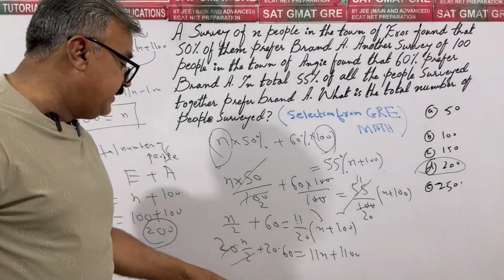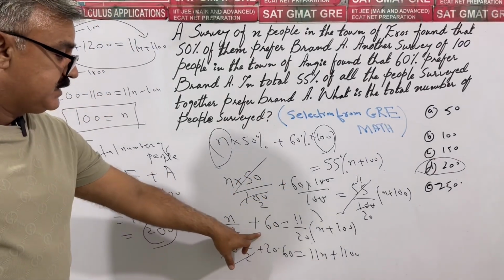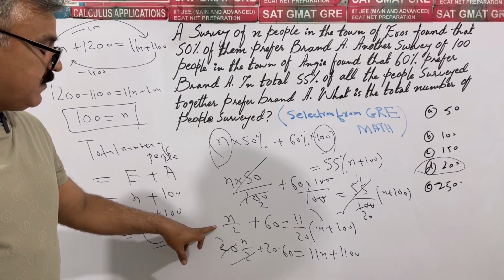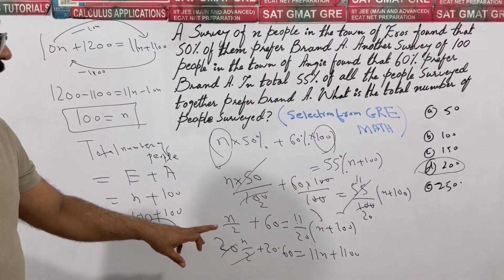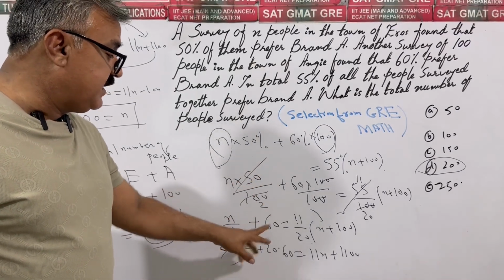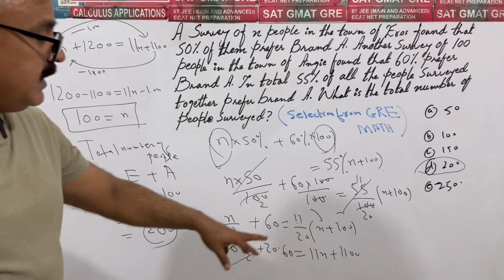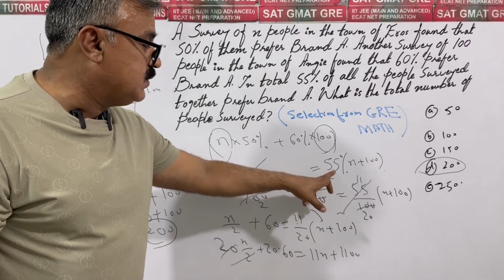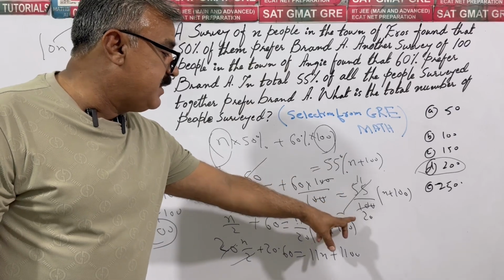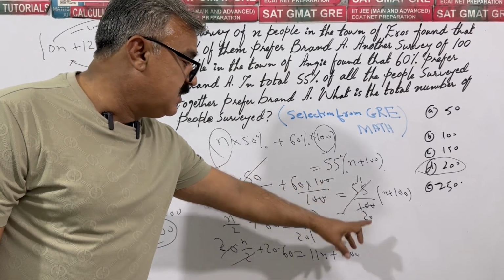Then I have solved for N. N over 2 plus 60. N over 2 means half of Eros town, since the total is N. 60% of 100 is 60. In lump sum, it is 55% of the total from both the towns surveyed, N plus 100. Remove percent, divide by 100, apply the table of 5, 11 times, 20 times.